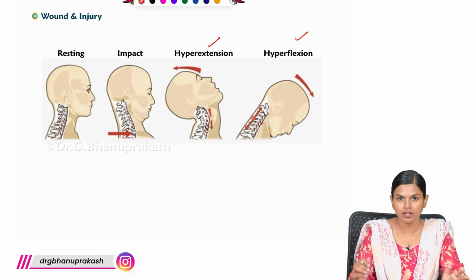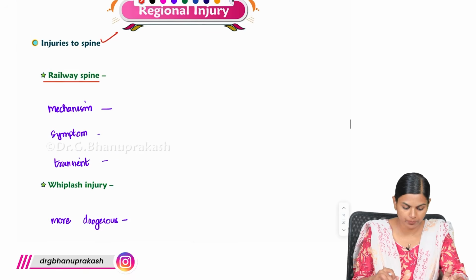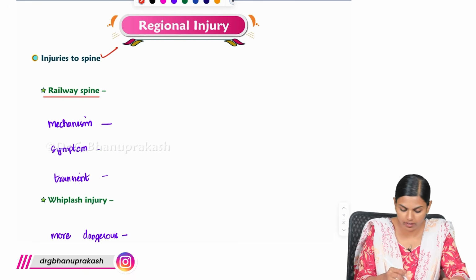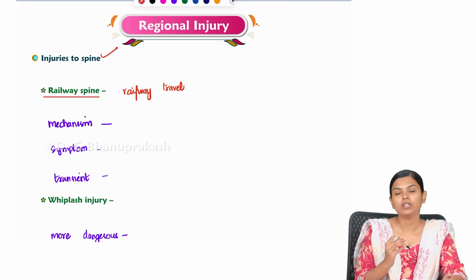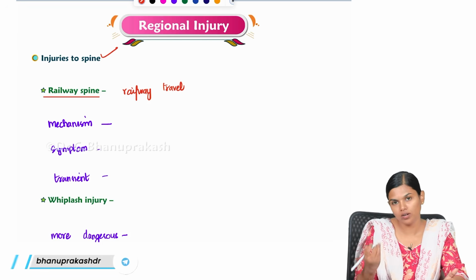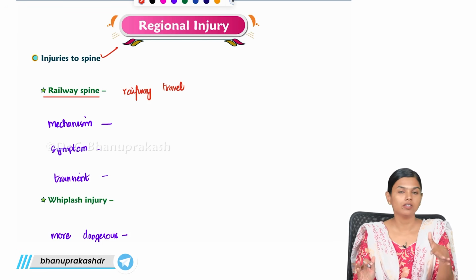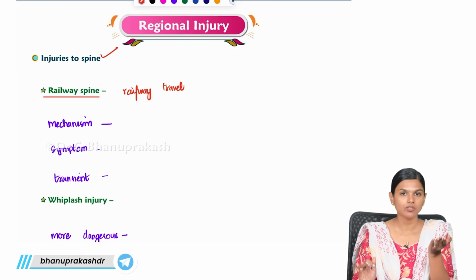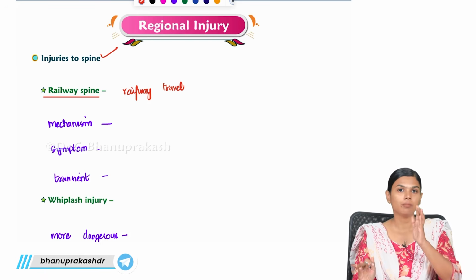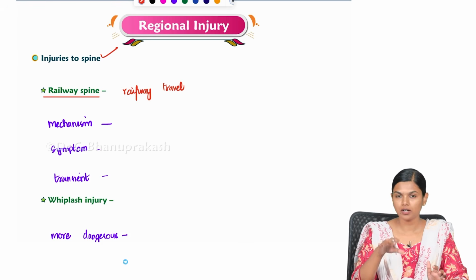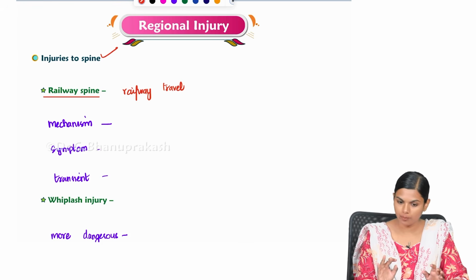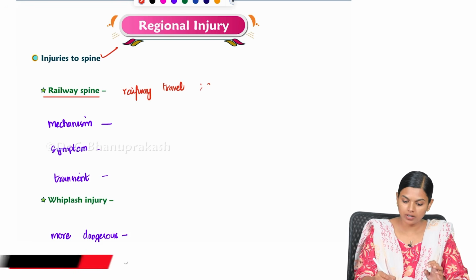In the case of railway spine, like in railway travel, because of the repeated movement, like in the old period when the railway was not that advanced, there would be repeated jumping. So there will be sudden extension, sudden flexion, and it will keep on happening.